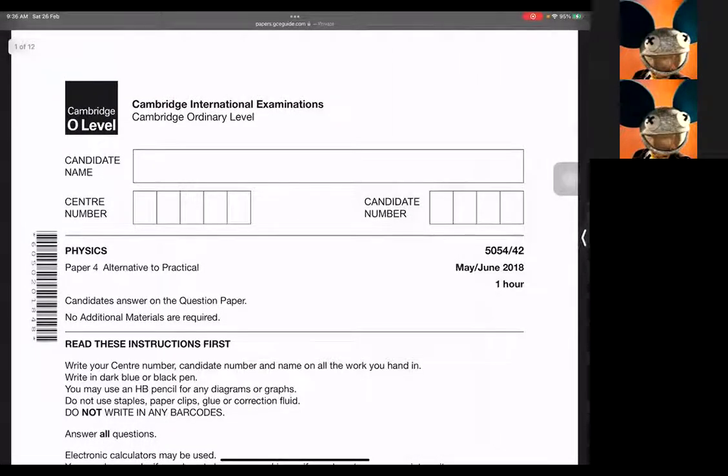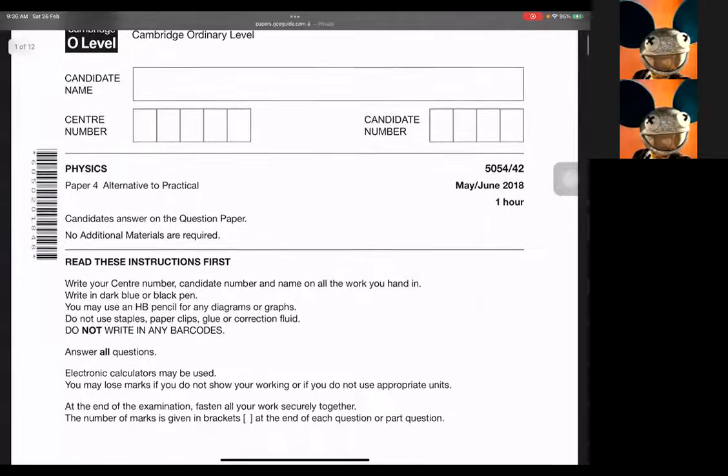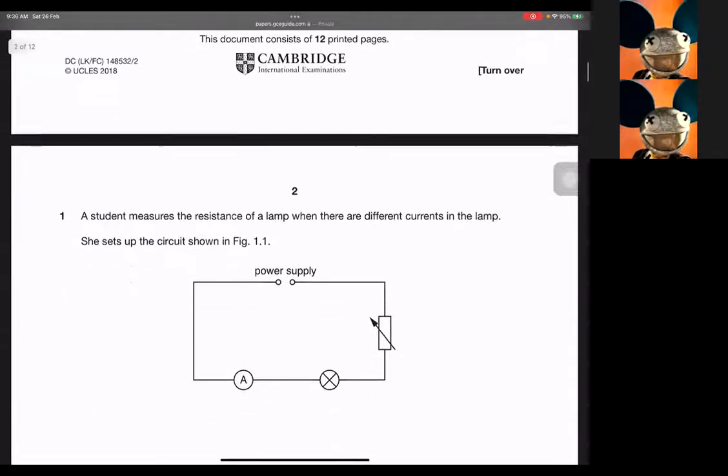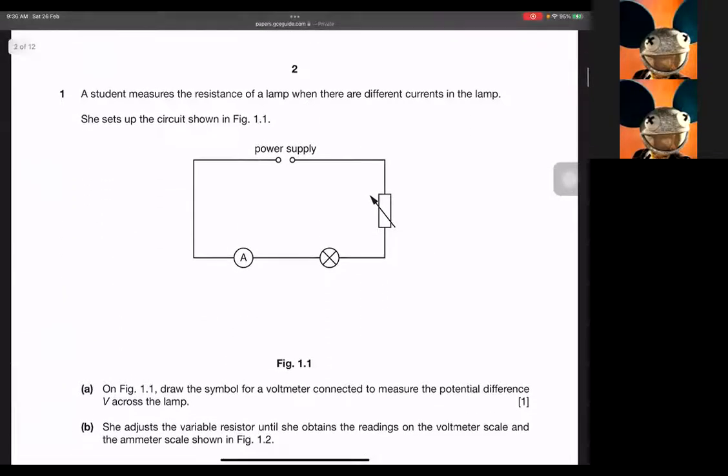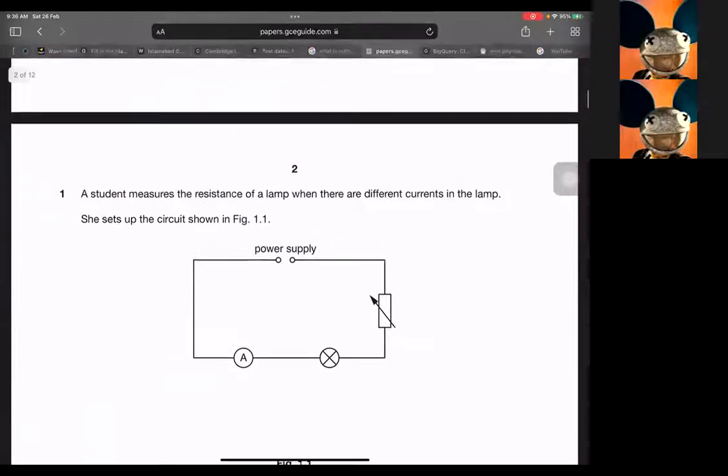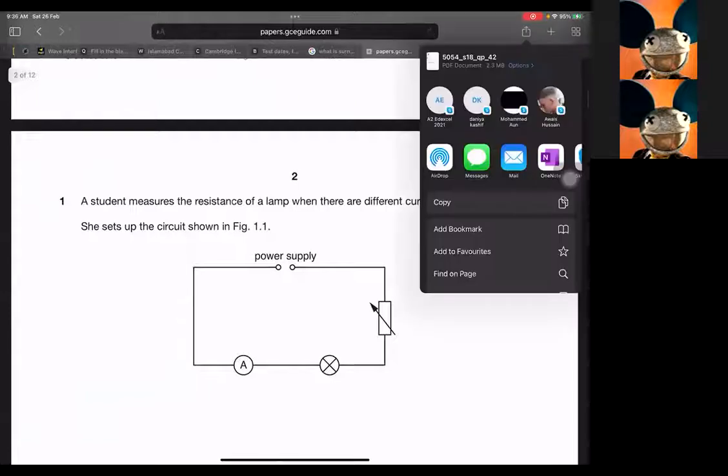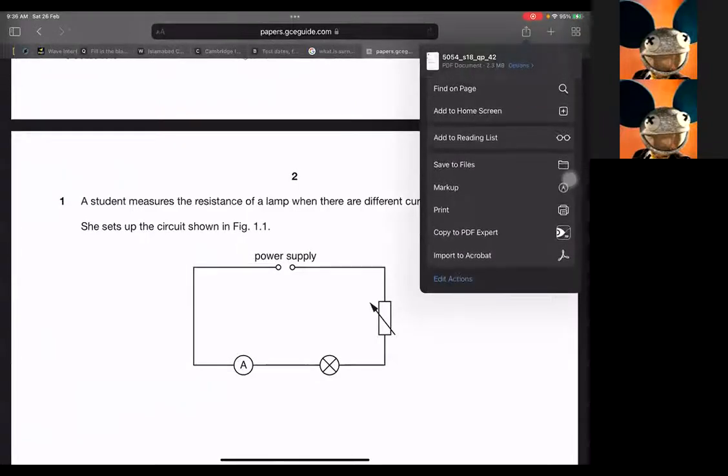All right. So in 1 hour 30 and 30 marks, let's look at the first part. It says on the figure, draw a symbol of a voltmeter connected to measure the potential difference across the lamp. So you should know that this is the lamp.